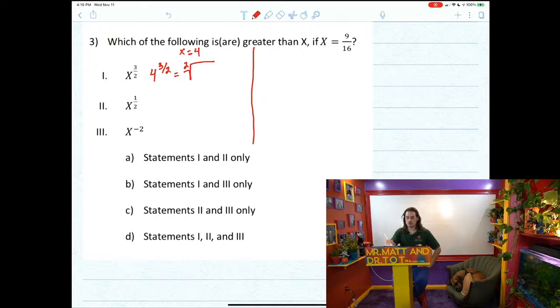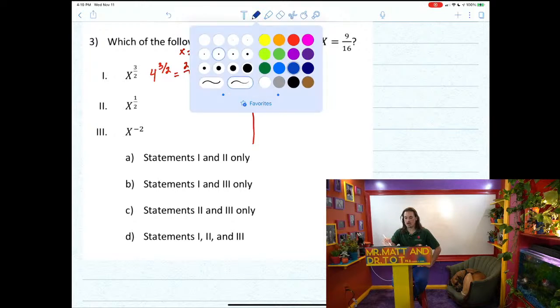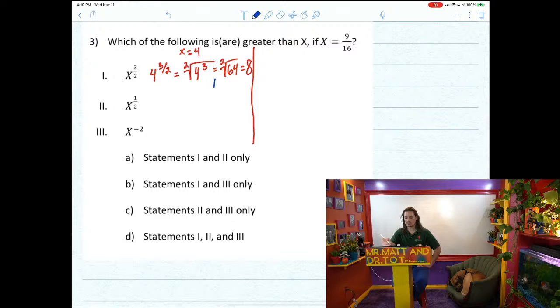So we're going to have the square root of 4 to the 3rd power. That's the same thing as the square root of 64, which is going to evaluate into 8. So if x were greater than 1, this would be an overall increase. So because x is in between 0 and 1, this is going to have an overall decreasing effect.